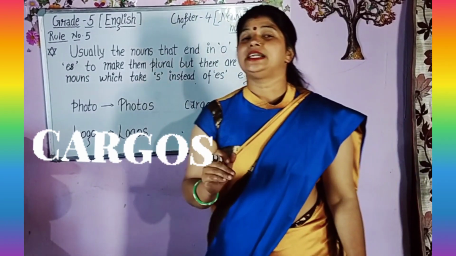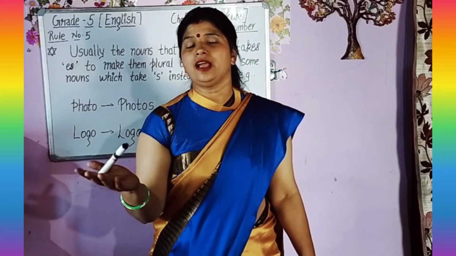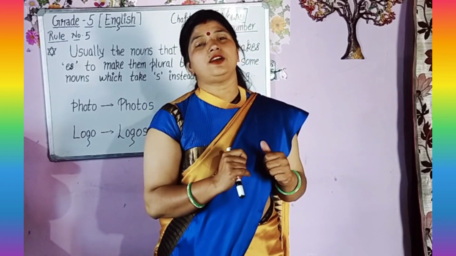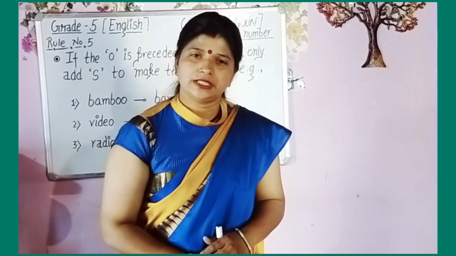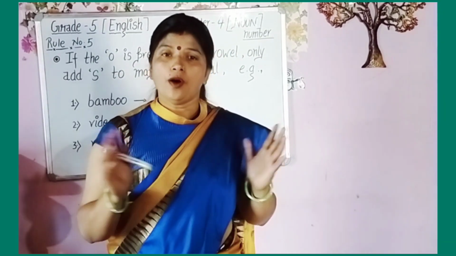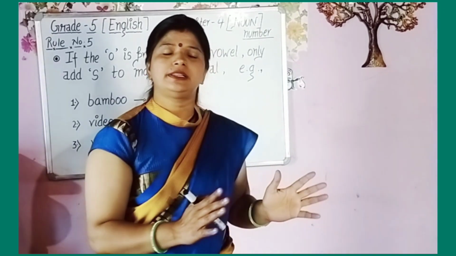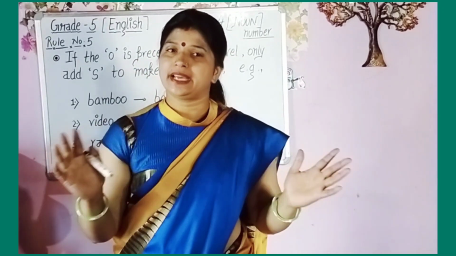So my dear kids, we can say that there are some exceptions in everything. Wherever there is an o at the end of the noun, in some words we only put s instead of es, right? My dear students, if O is preceded by a vowel, then add only S to make it plural.